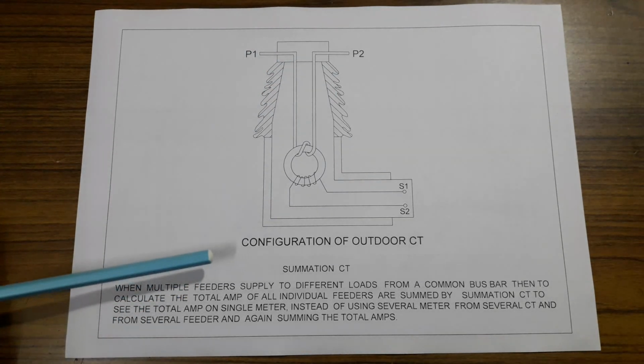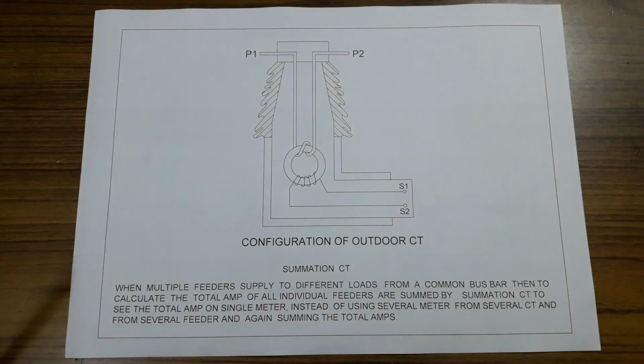And now I tell about what is summation CT. When multiple feeders supply different loads from a common bus bar, then to calculate the total ampere of all individual feeders, they are summed by summation CT to see the total ampere on a single meter, instead of using several meters from several CTs and from several feeders and again summing the total amperes.